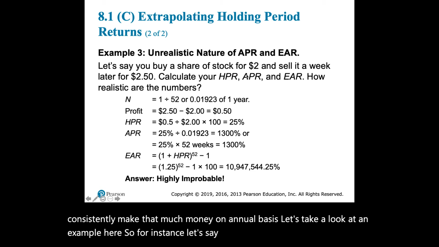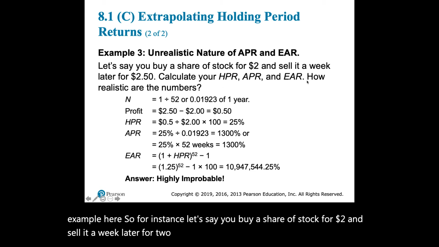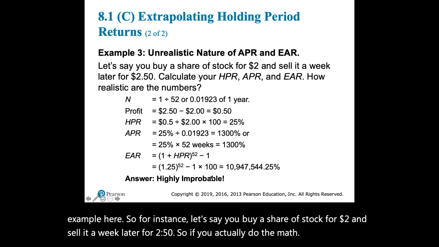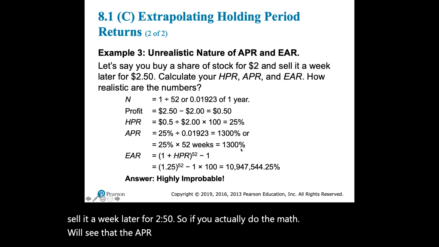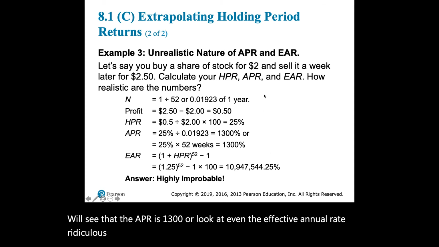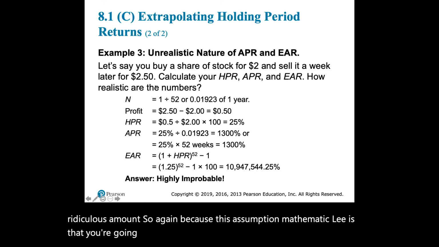If you actually do the math, we'll see that the APR is 1,300 percent, or look at even the effective annual rate, a ridiculous amount. Because this assumption mathematically is that you're going to make that 50 cents every week, that additional profit, which isn't always realistic. So we have to consider that as well.